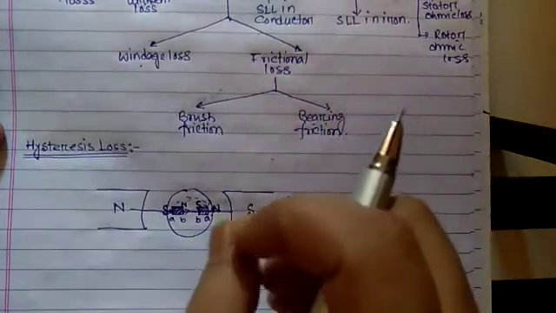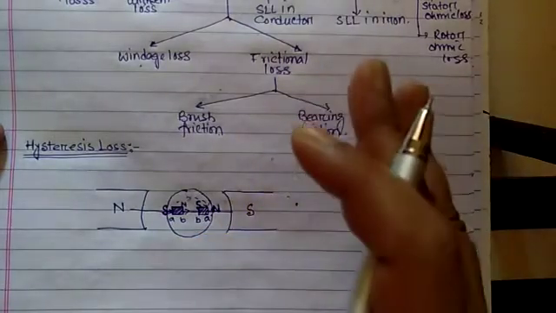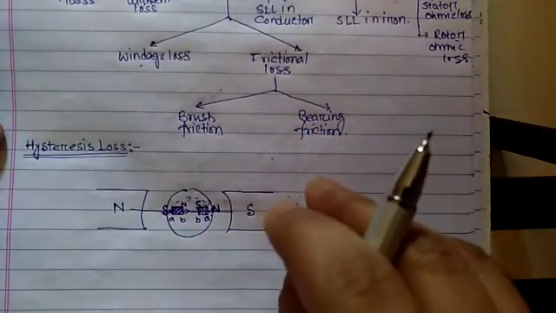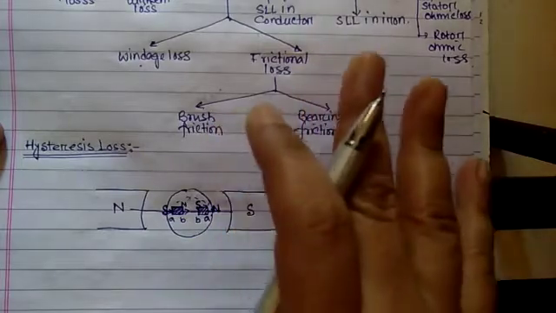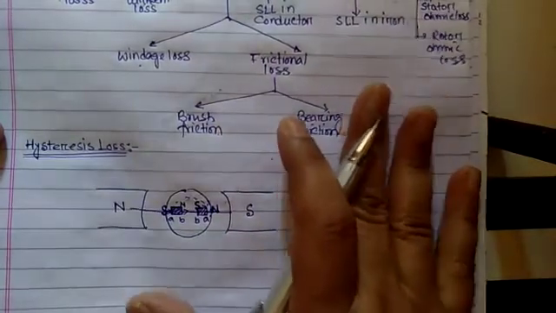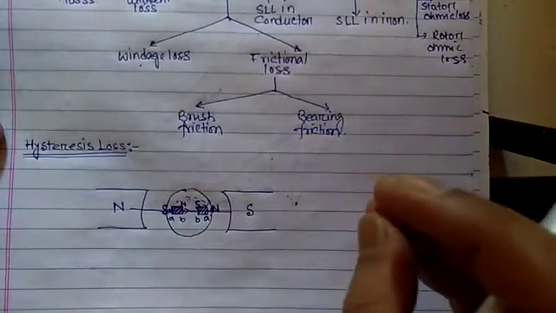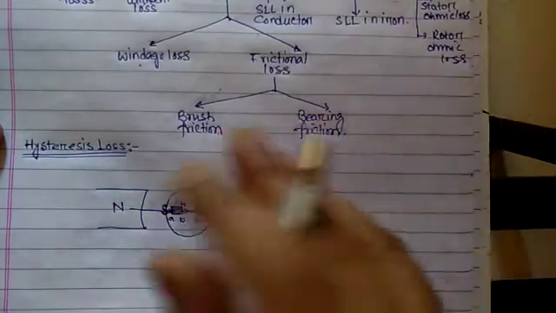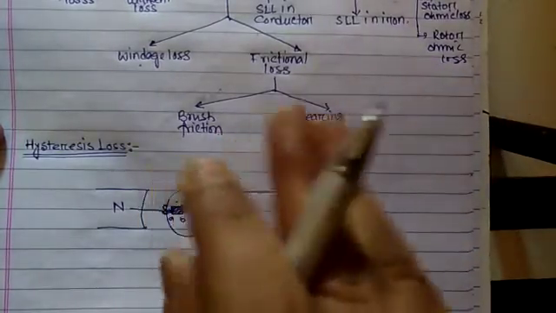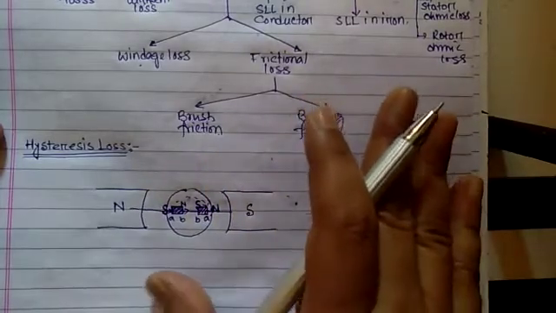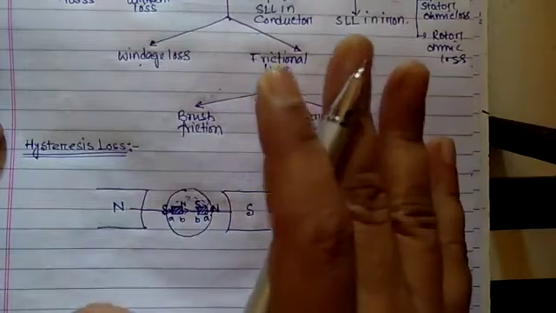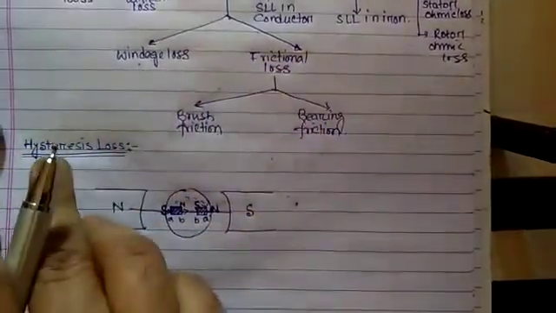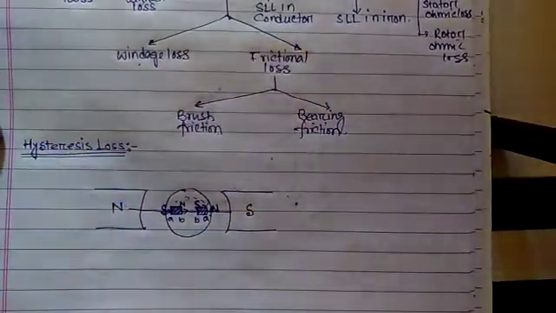Actually, hysteresis loss is directly proportional to the number of magnetic reversals per second or the speed. So very simple, the power requirement for the magnetic reversal is nothing but hysteresis loss.